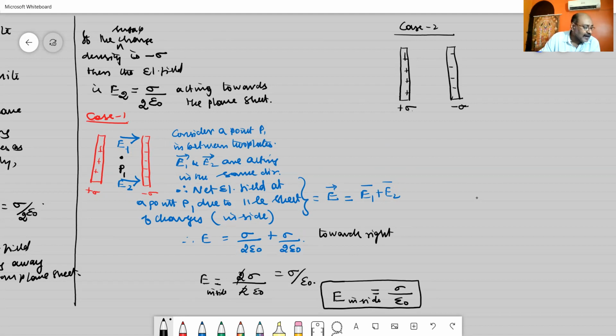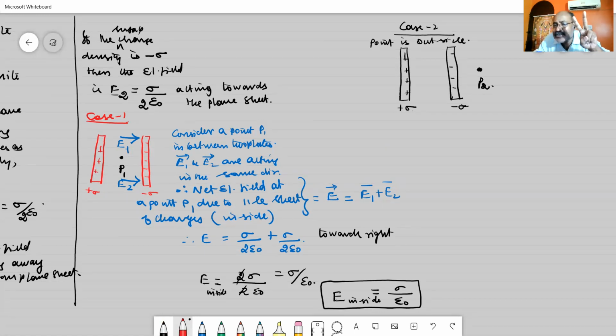Now you consider a point outside. So the point is taken outside the plates, outside the sheets of charges. I am taking a point here and representing it as P2. See, the point P2 will also experience two electrical fields.